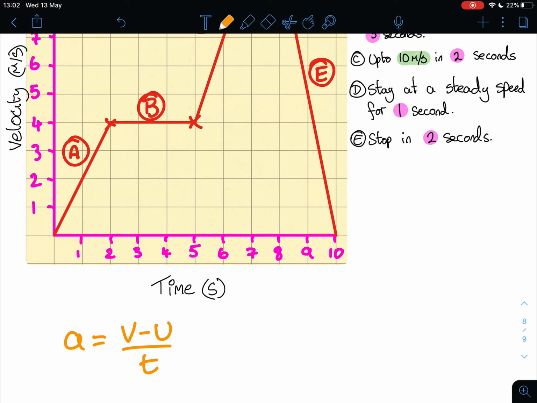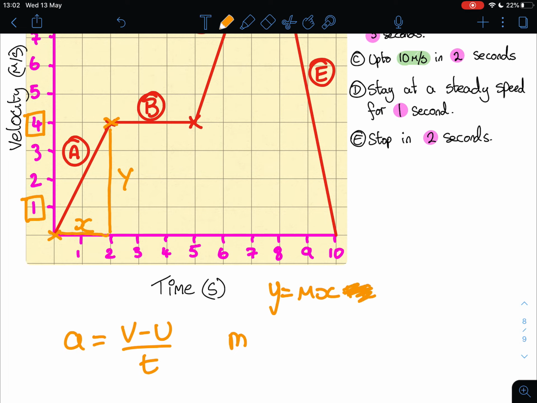So what does that mean? Well, there is v, there is u, the beginning of the line, the end of the line. So this distance here is y. This distance across is x. The gradient of a line, mathematically you would write it as m from y equals mx plus c.